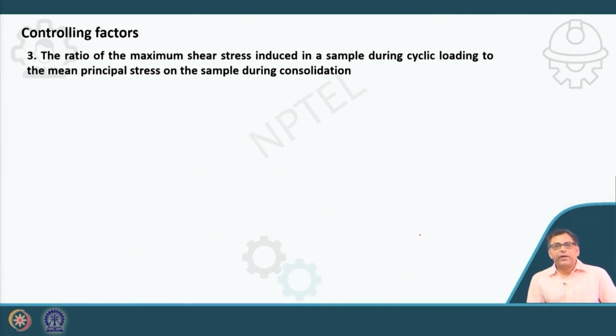Now go to the controlling factor 3. What is written here? The ratio of the maximum shear stress. Here it is not the maximum ratio, it is the ratio of the maximum shear stress induced in a sample during cyclic loading to the mean principal stress on the sample during consolidation. So what is the difference?